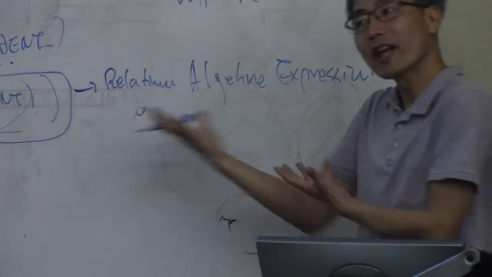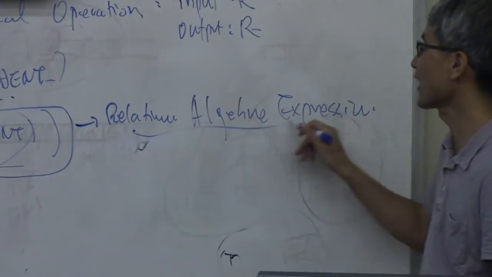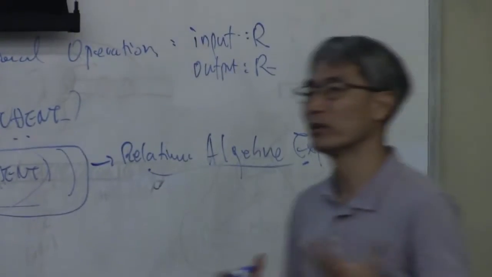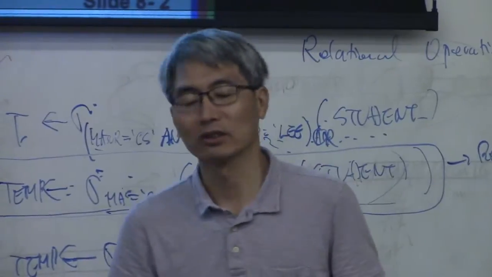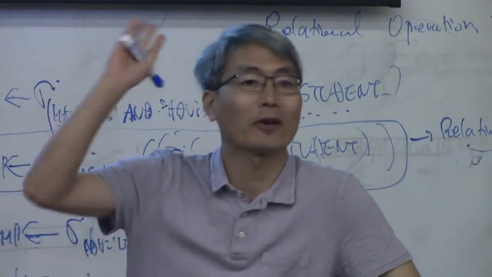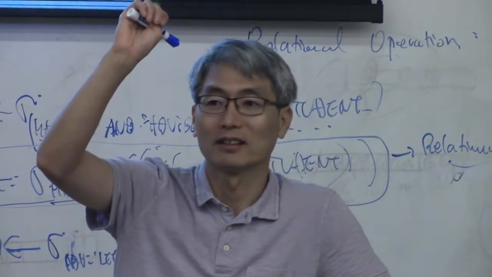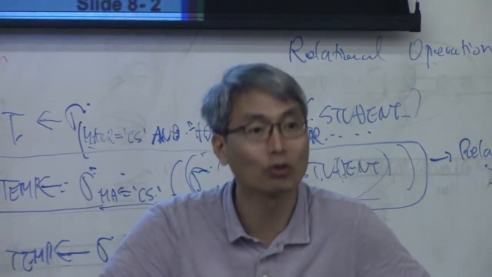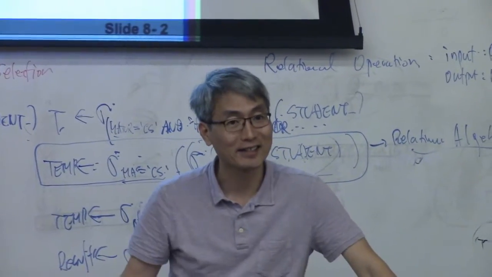The relational algebra expression is like a paragraph, a sentence. So when you write, or in English class, first you need to know the vocabulary, words. Then by combining words with the grammar, it will be a sentence, right?